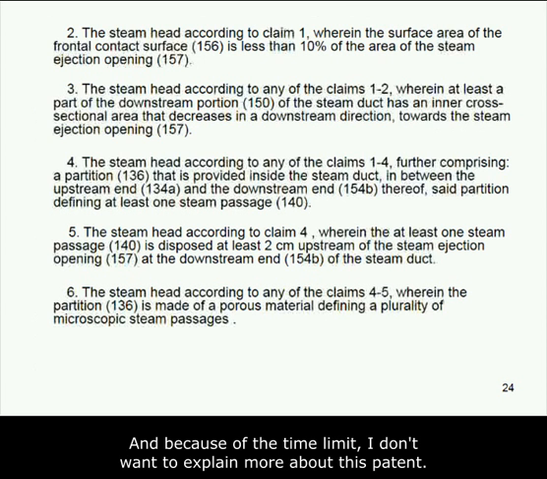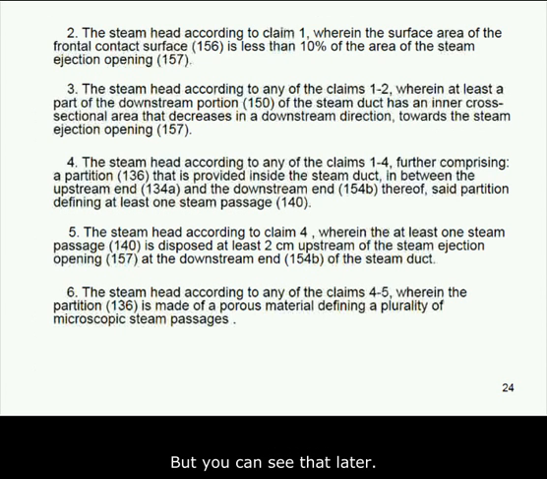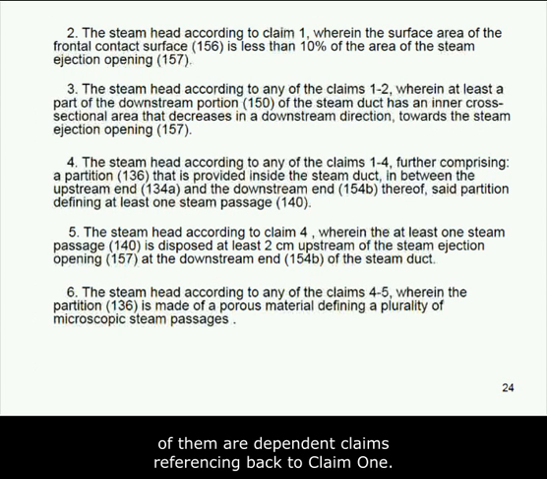Because of the time limit, I don't want to explain more about this patent, but you can see that later. This slide shows claim 2 to claim 6. All of them are dependent claims, referring back to claim 1.